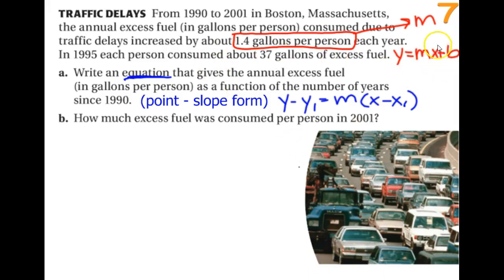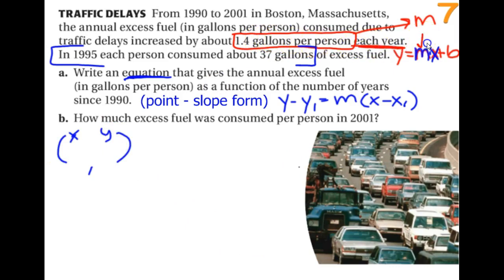But we don't have b. We don't have what our starting excess fuel is. But we know that in 1995, each person used about 37 gallons of fuel. So we can write this piece of information right here as a point x and y. So we know that the 1.4 gallons per person is each year.